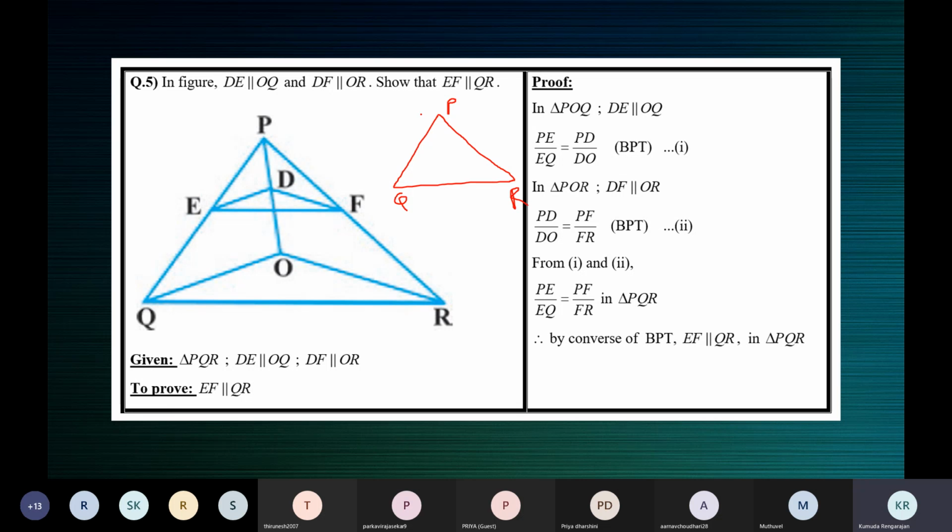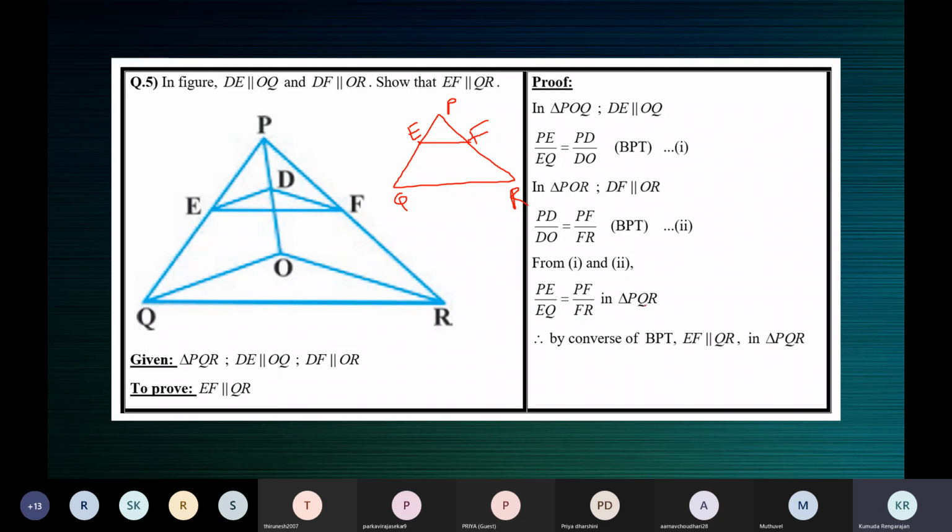And we have PE by EQ. So let me mark E here. This is E, and this is F. So triangle PQR.